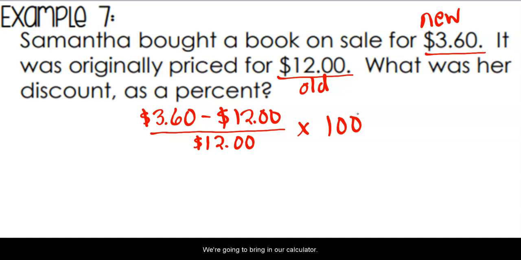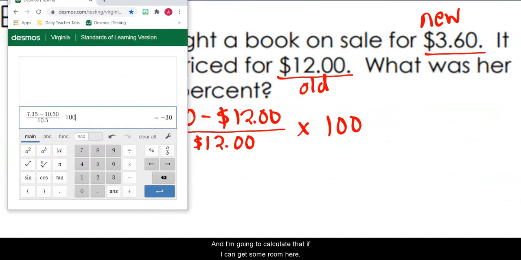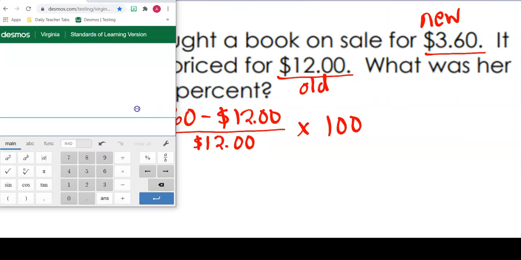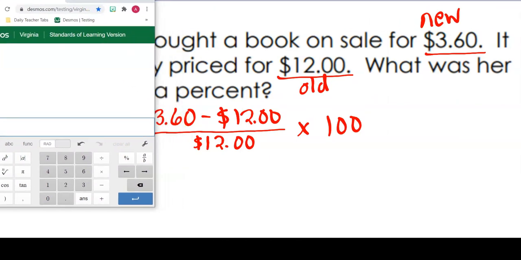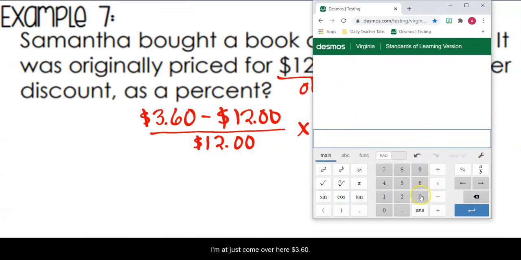So we're going to bring in our calculator. $3.60 minus $12. Don't really need the 0.00, but might as well.